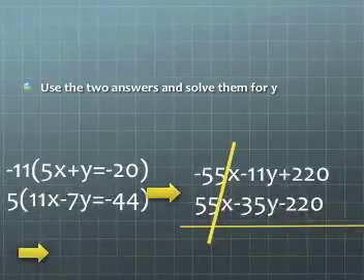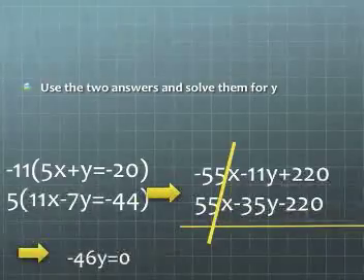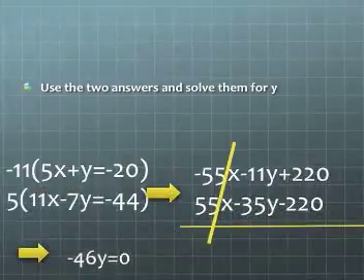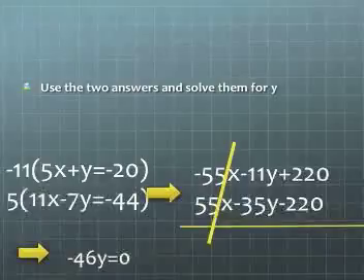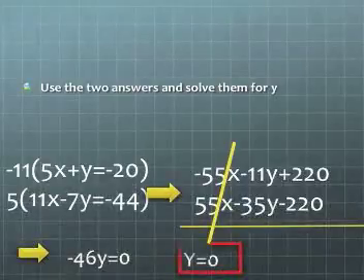So I get negative 46y equals 0, and I combine linear terms by dividing negative 46 to both sides and get y equals 0.